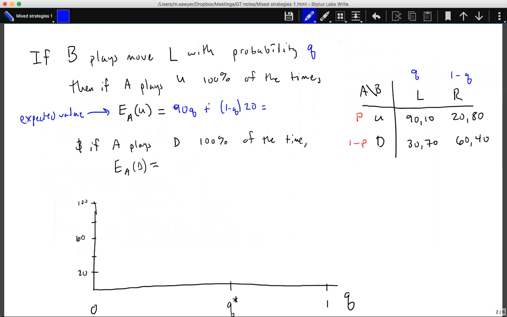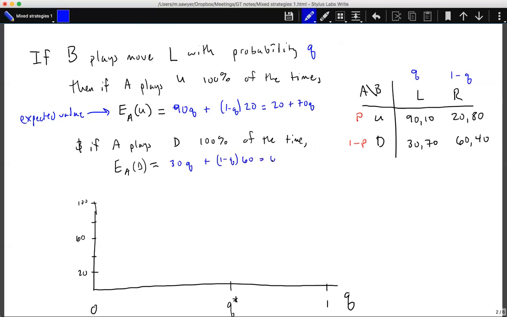So we get 90Q minus 20Q equals 70Q, so we get 20 plus 70Q. If A plays down 100% of the time, we get 30Q plus 1 minus Q times 60.